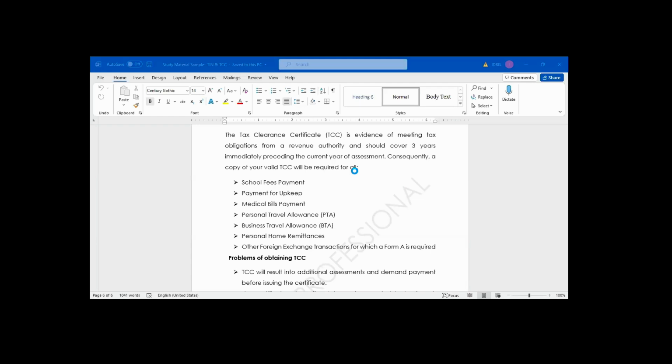What are the tiers of government that we have? We have federal government, state government, and local government.